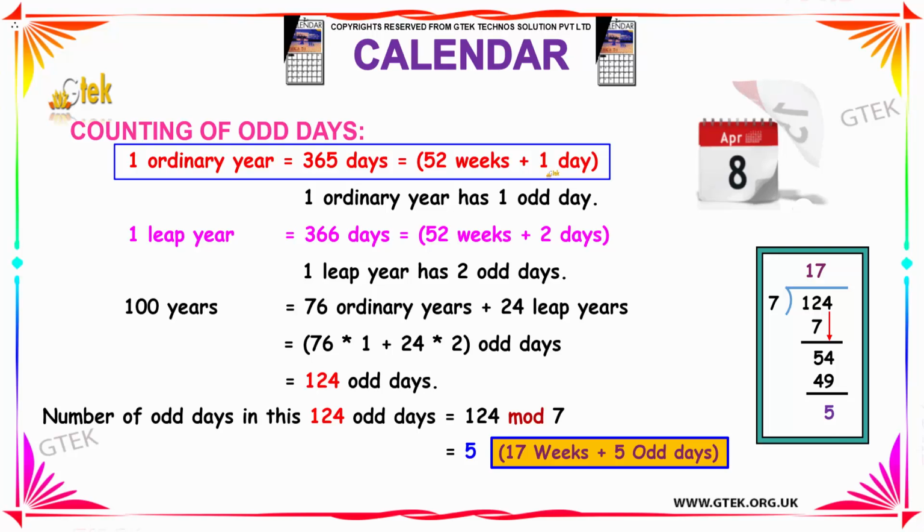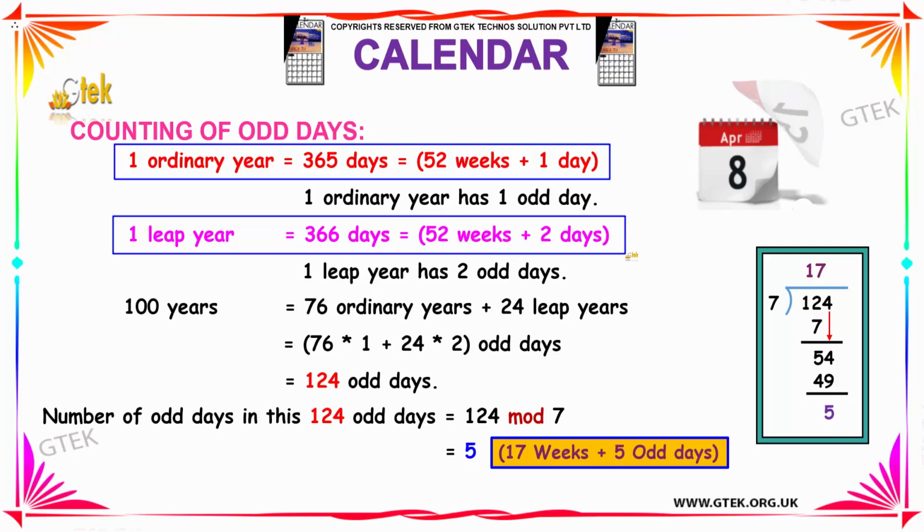So, 1 ordinary year has 1 odd day. Whereas a leap year has 366 days, which can be grouped into 52 weeks and 2 days. Because a leap year will have 2 odd days.